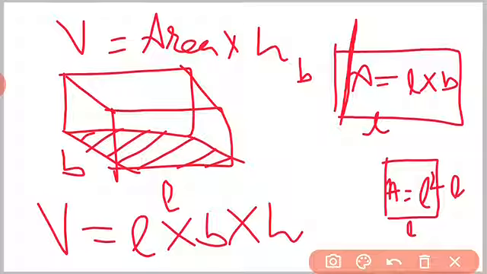This is for cuboid. So what will be for cube? Cube has all faces square shaped. So what will be the volume of cube? It will be equal to area of the base multiply height.